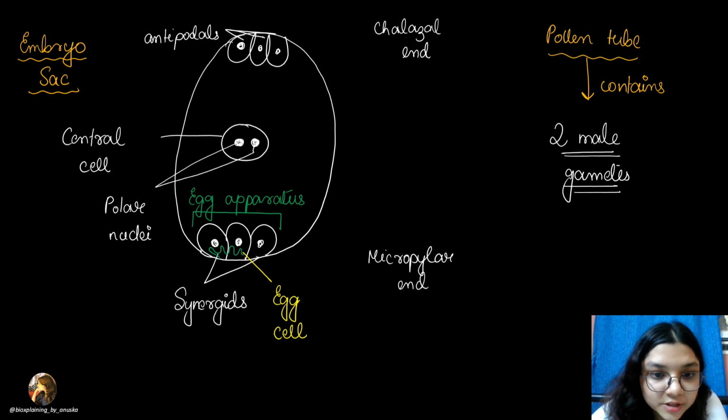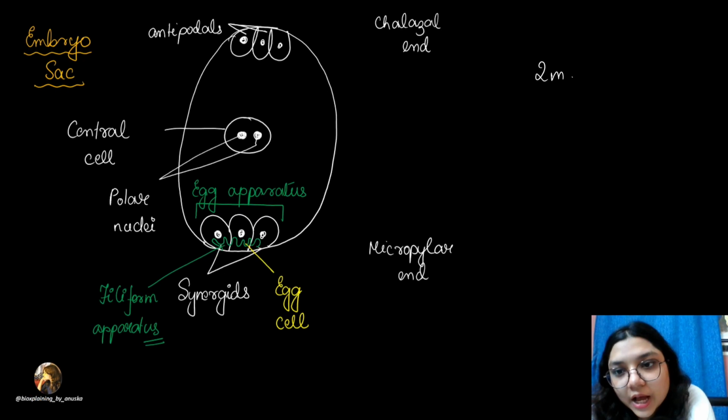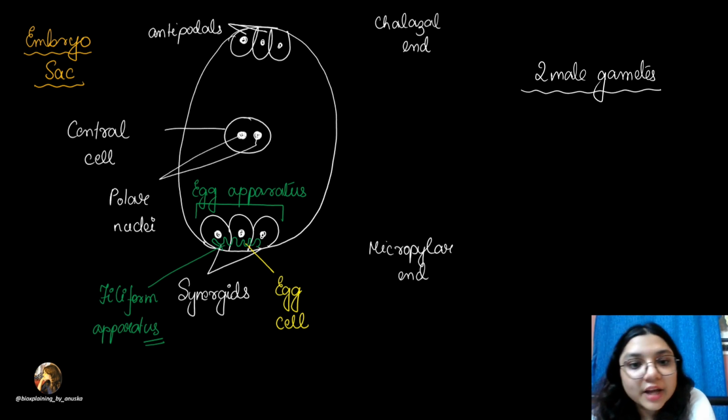Next to the synergids, you have the filiform apparatus present. If you remember, we have studied that the role of the filiform apparatus is to guide the pollen tube to enter the embryo sac. Once it enters the embryo sac via the synergids, it will release the two male gametes one by one.